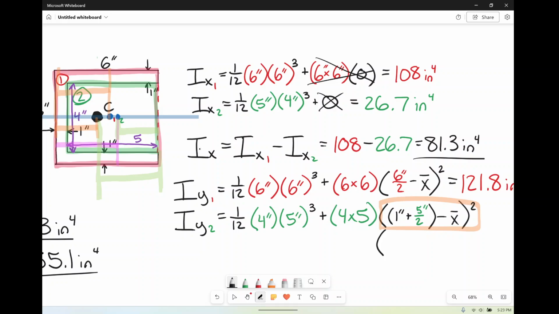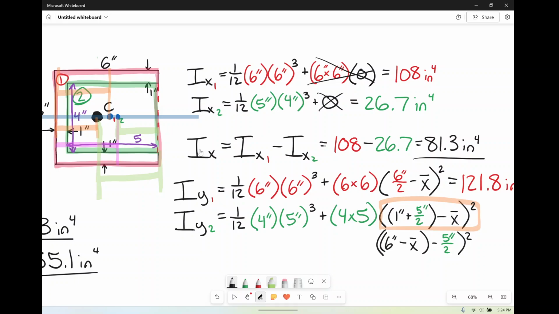Don't forget to square that. And then we'll have the green direction right below it, which is going to be 6 inches minus x bar, and then minus the distance from the wall over, which was 5 inches divided by 2.